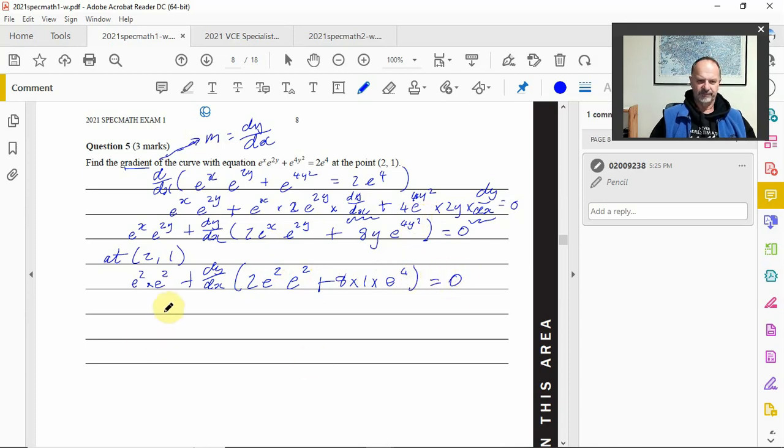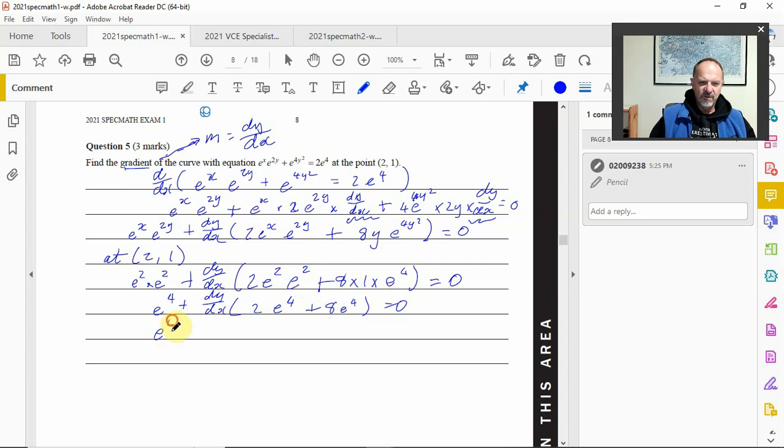So what do we have here? e squared times e squared is e to the 4, plus dy/dx, 2 lots of e to the 4 plus 8 lots of e to the 4, and that equals 0.